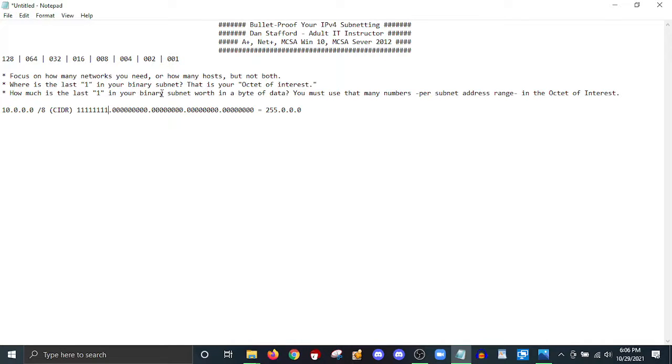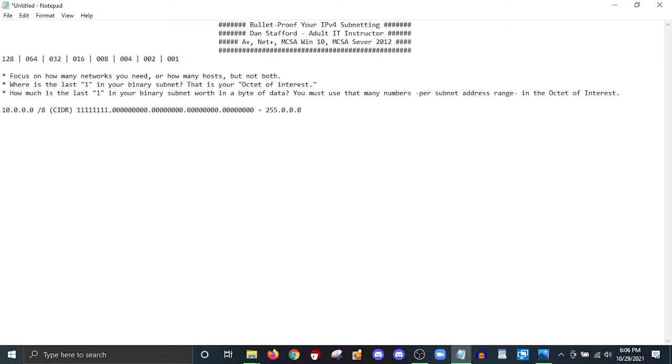And I'm going to tell you right now, wherever that last one is in a subnet mask, everything to the right of that is going to be zeros. Everything to the left of that is going to be ones. You will never see a subnet mask in binary that has a 0 after that last one.